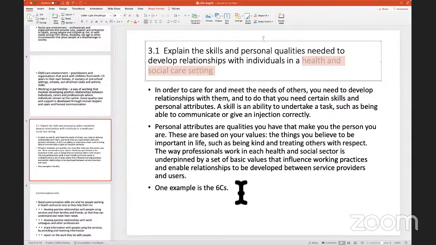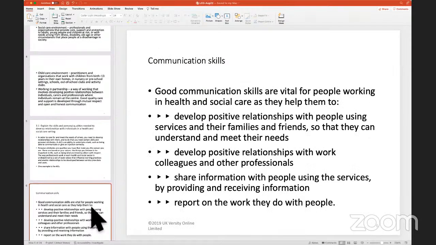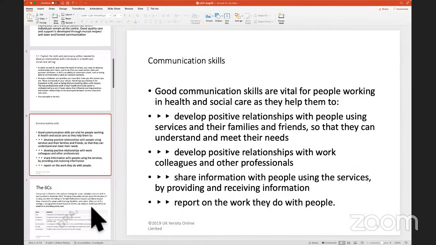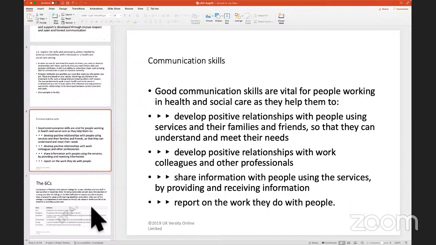Now, there is also another 6 C's that we need to be looking at. When we look at skills and personal qualities, we look at the 6 C's of communication skills. These 6 C's would allow you to communicate with and understand the individuals or people that you're working with and responsible for providing care to.